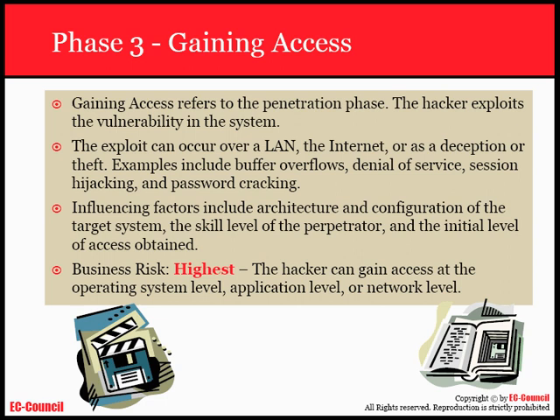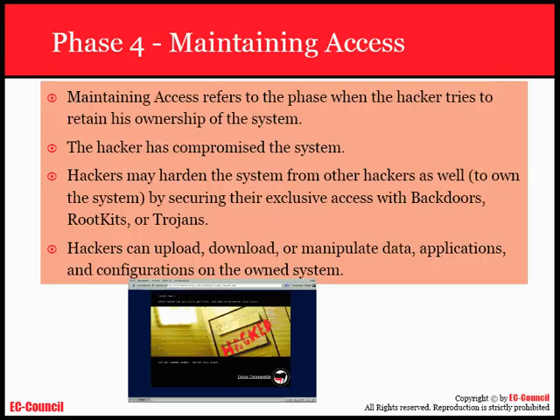So there are many different ways that he can actually gain access to the system. He can gain access by looking at the different architecture or maybe the different applications that you run. And basically, he can get his access at the operating system level, at the application level, or even at the network level itself.